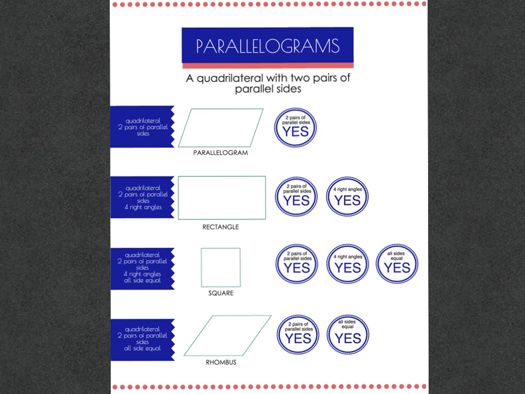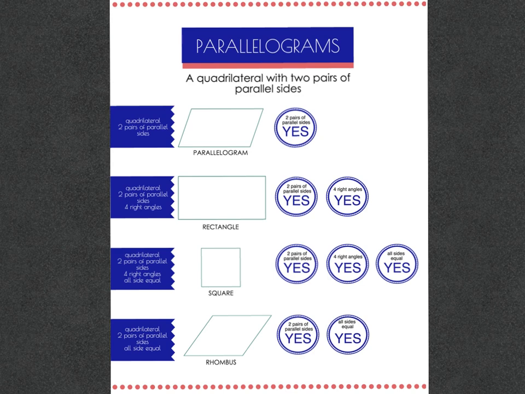Now, there are a bunch of different kinds of parallelograms, and this gives us the definitions of them. I'm going to come back to this page in just a minute. So this is a layout of what's going on here. We talked about our parallelogram. All of these are quadrilaterals because they all have four sides. Does it have two pairs of parallel sides? Yes.